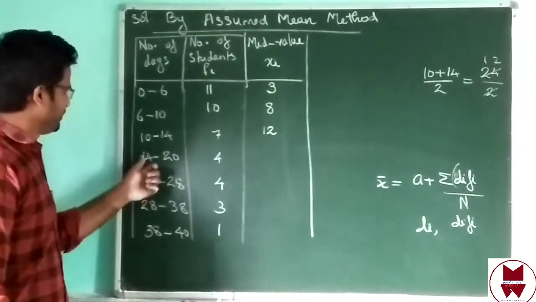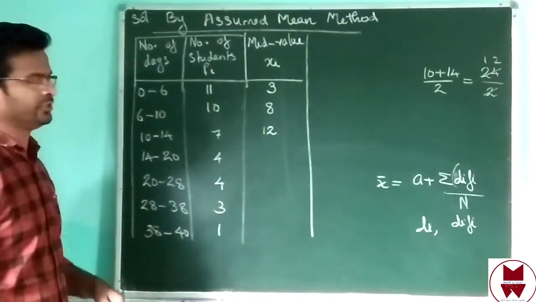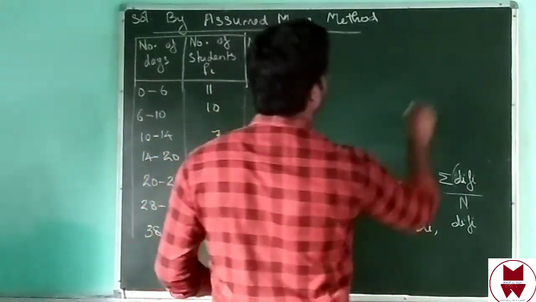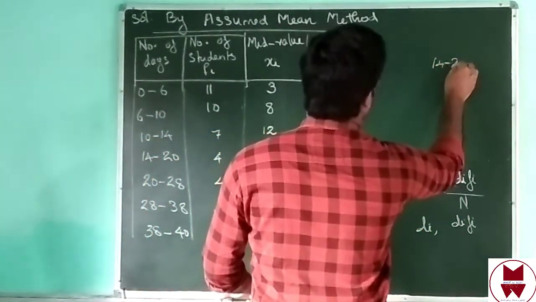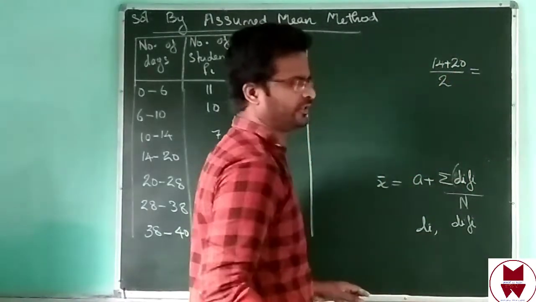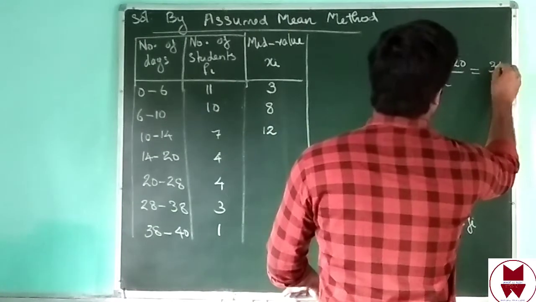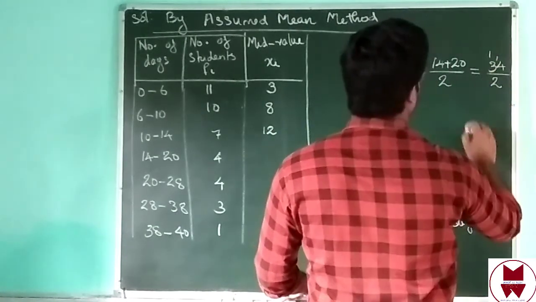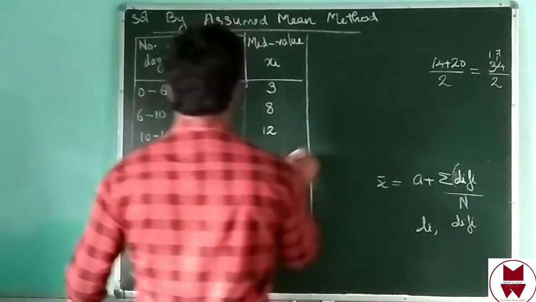The next, 14 and 20, the same method: 14 plus 20 divided by 2. 14 plus 20, 34 divided by 2, you will get 17.